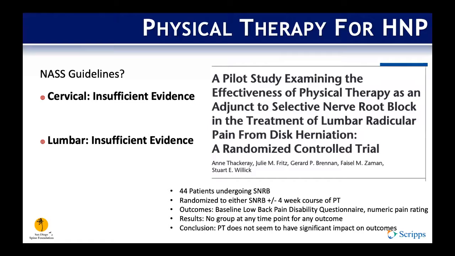Similar, another commonly prescribed treatment for the diagnosis of disc herniation, physical therapy, and NASS also concluding insufficient evidence for both cervical and lumbar herniated nucleus pulposus.